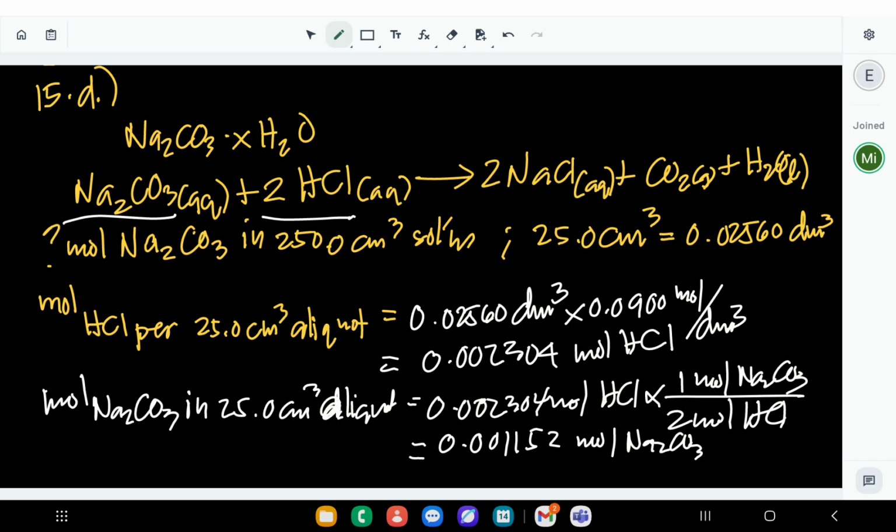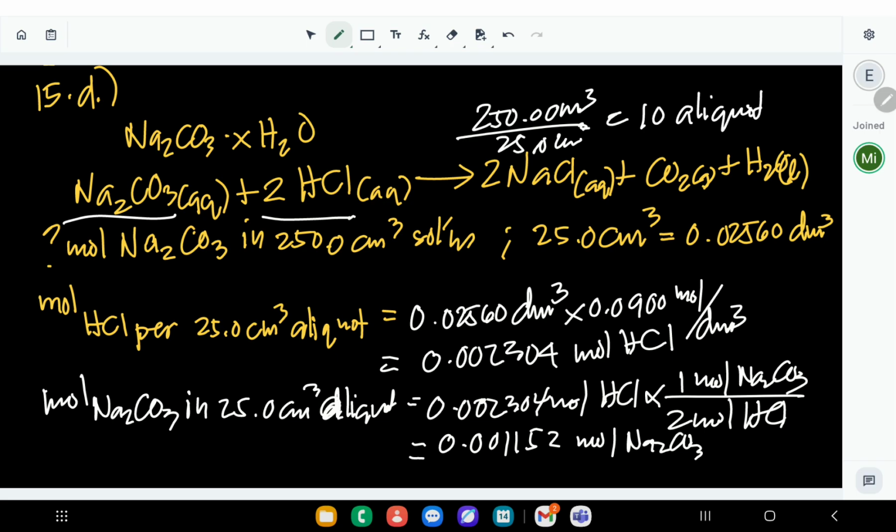Well, it says here that the 250 cubic centimeter flask contains 10 such aliquots. So the total moles here will be multiplied by 10. 250 divided by 25 is 10, so that means 10 portions.